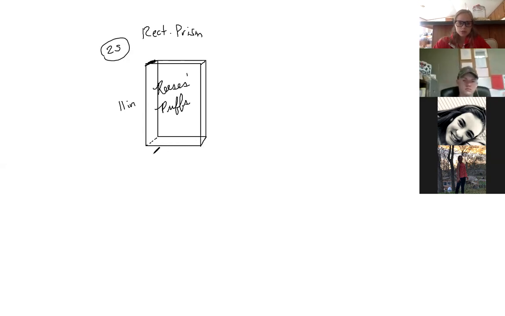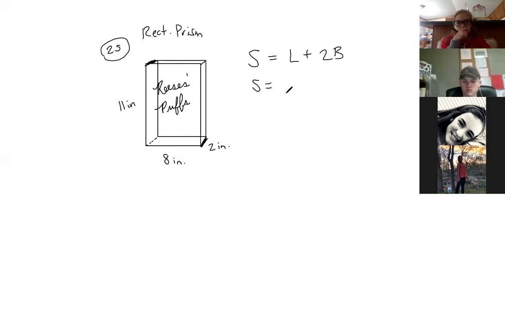So the width of it is 8 inches and it's 2 inches thick. This piece right here is 2 inches. What is the surface area? Well, the formula for the surface area of a rectangular prism is L plus 2B. Well, the lateral surface area, what's that formula, Ethan? How do I find the lateral surface area?